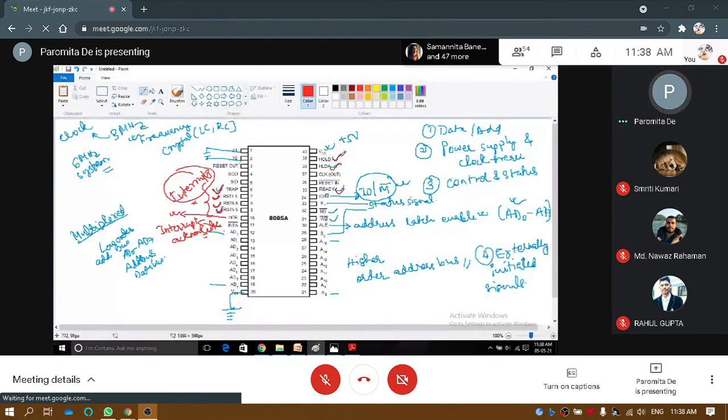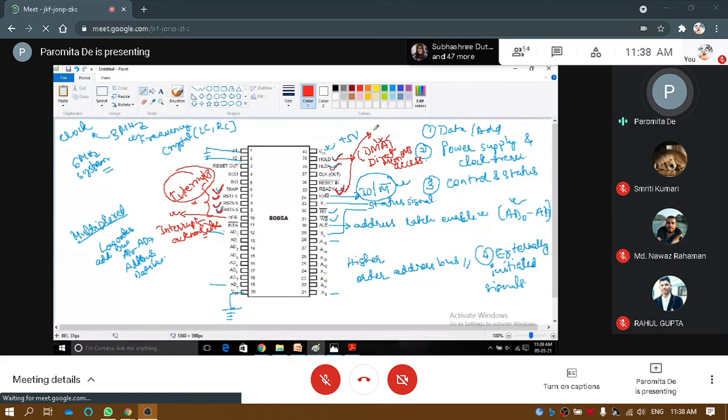Then hold. Hold is another interrupt, but it is used in case of direct memory access. These are different situations that come during the operation. Only when this situation is there, then hold is used. Then ready. What is this ready?